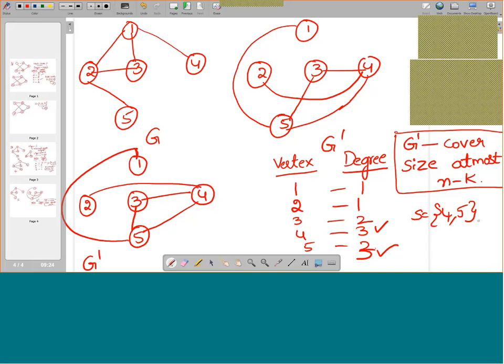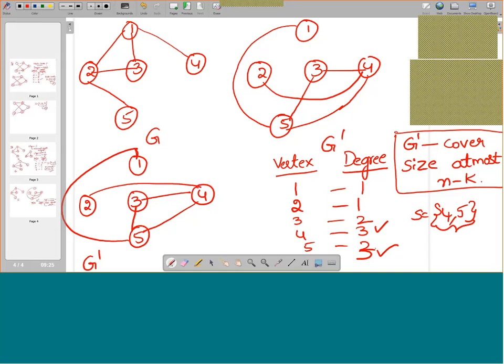Now check whether all edges have been covered or not. So it has been covered. So here G dash cover size is 2: 4 comma 5.